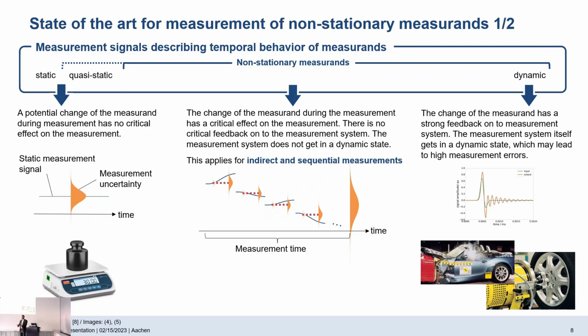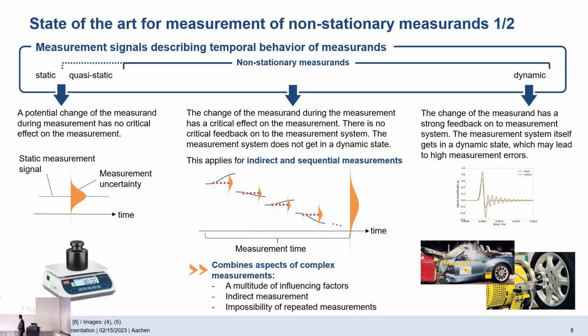So at the end, we still got one measurement, one timestamp, and with an increased uncertainty, which is due to the expanded measurement time. So this type of measurement system combines a lot of aspects of complex measurements. We have a multitude of influencing factors, indirect measurement, and the impossibility of repeated measurements, because the measurement is changing. We cannot just say, let's repeat this measurement now. If we could control the measurement so that we could repeat it, then we would not have this problem at all.